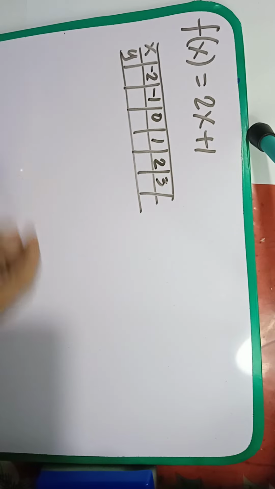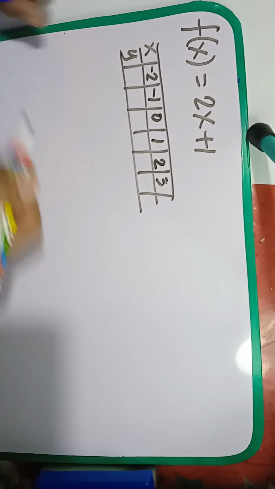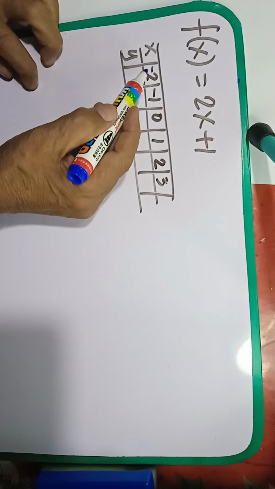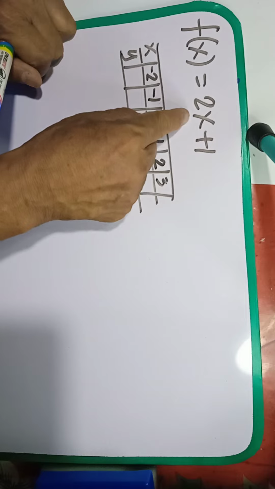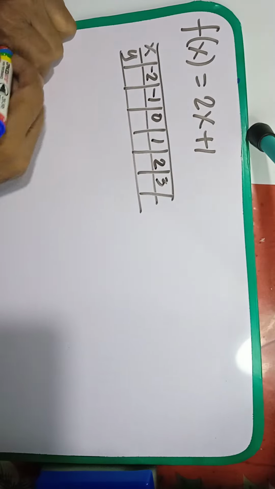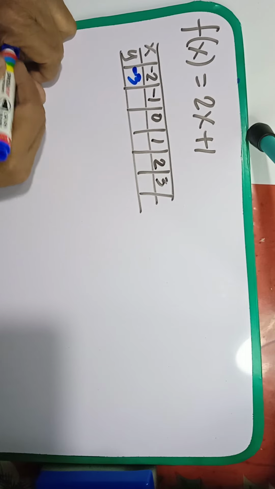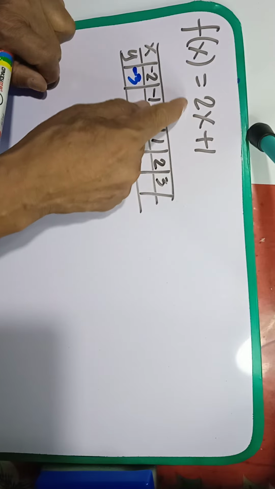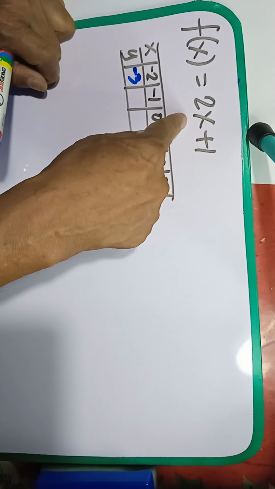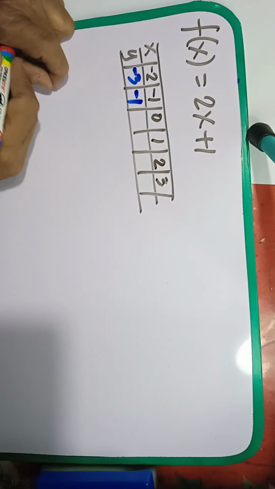Now, if we plug in -2, 2 times -2 is -4, plus 1 is -3. If we plug in -1 to x, we have 2 times -1 equals -2, plus 1 is -1.